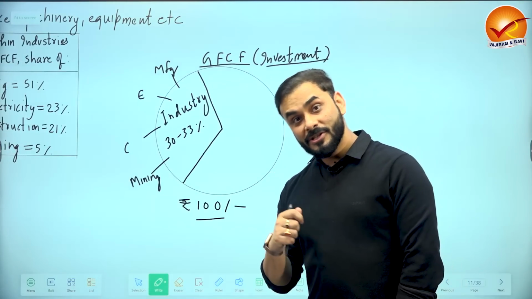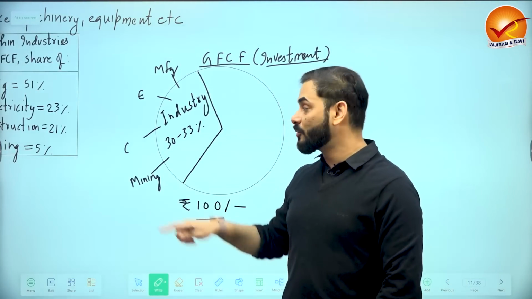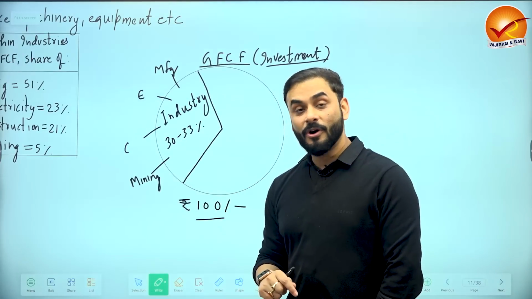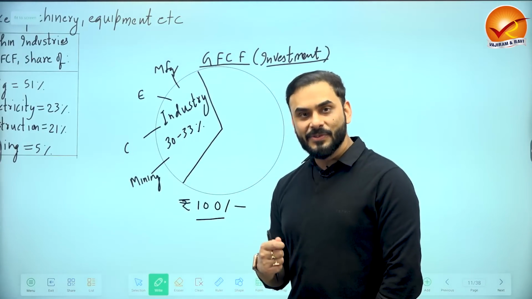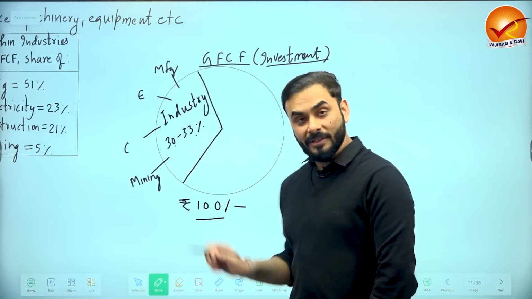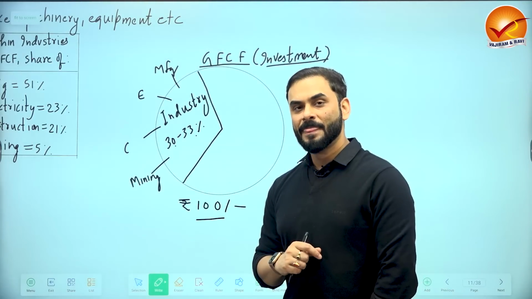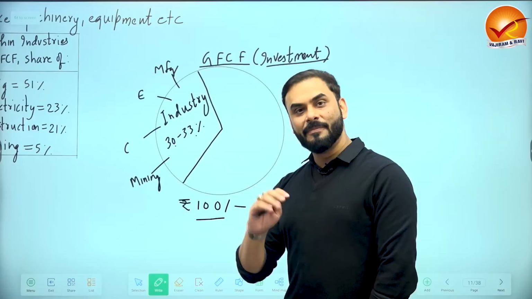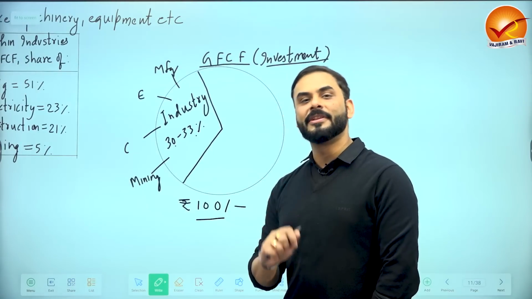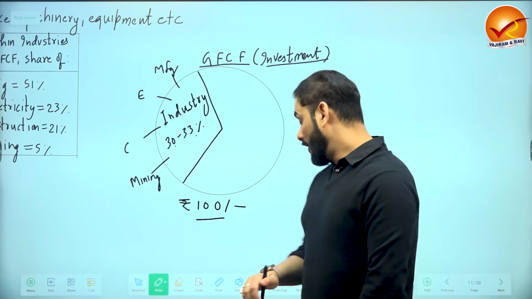Whenever we invest 100 in the economy, what is the contribution by industries? How much is invested in industries? Almost 30 to 33%. This is generally the investment level in industries. If the investment level in industry comes down, that means there is some problem in the economy, right? So what did we observe?